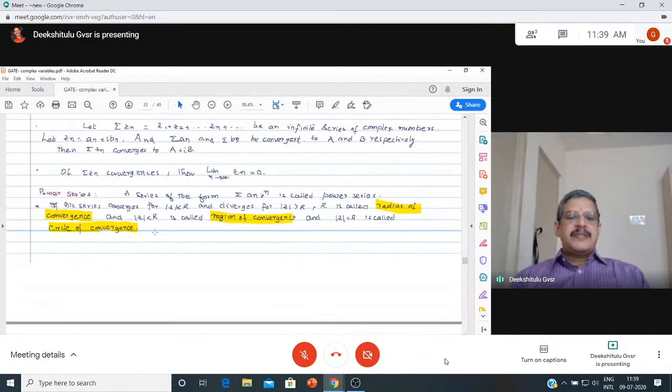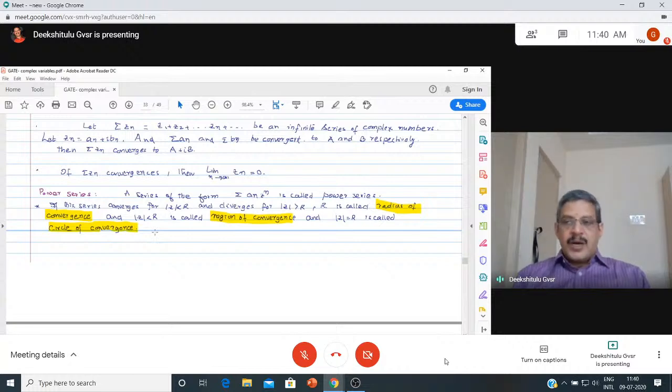A series of the form sigma an into z power n is called a power series. If this power series converges for mod z less than r and diverges for mod z greater than r, then r is called the radius of convergence, and the region mod z less than r is called the region of convergence.